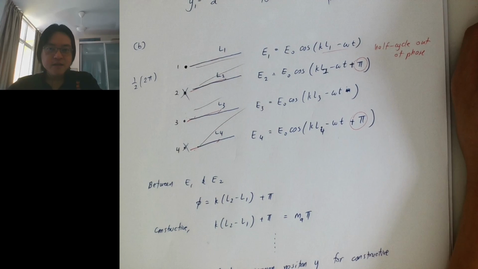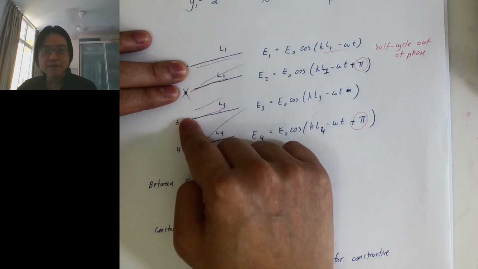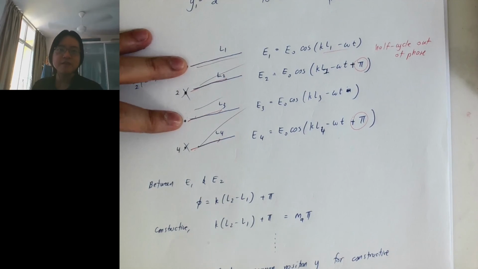Okay, so in principle, make sure the phase difference between any E is correct, because this is the condition to achieve constructive interference. Also, you don't have to check all pairs, because if these two are constructive and these two are constructive, then 1 and 3 are already constructive, right?